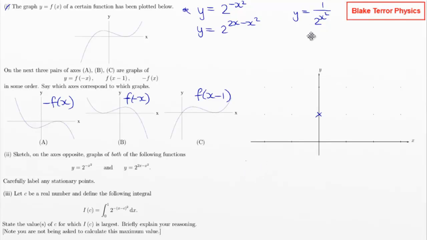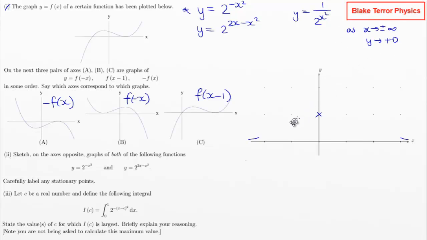What happens as x gets bigger and bigger? y is getting smaller and smaller, but it stays positive. So as x tends to plus or minus infinity, y tends to positive 0.